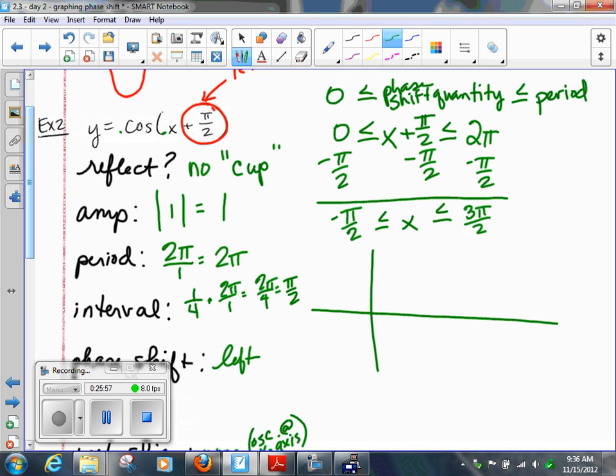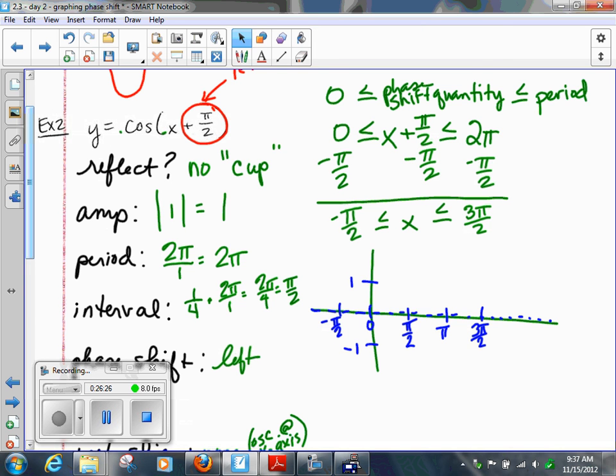So here we go. I'm going to highlight or dot my oscillation line. My amplitude is 1. I'm going to shift this to the left. Where's my beginning point? At negative pi over 2. And I know because of my last problem, let's see, negative pi over 2, 0, pi over 2, pi, 3 pi over 2, right?